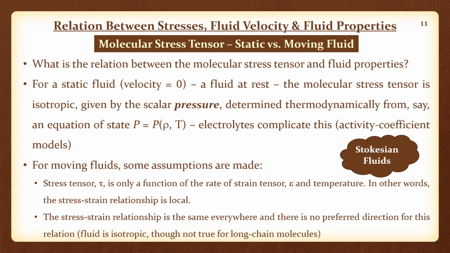But in its perpendicular direction, it is the molecular diameter, which is probably angstroms. So for long chain molecules, one cannot claim that the stress-strain relationship does not have a preferred direction. So this model is not valid, strictly speaking, for polymeric liquids.